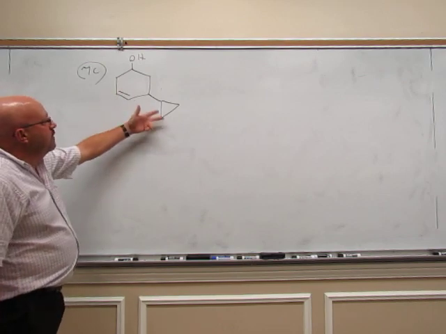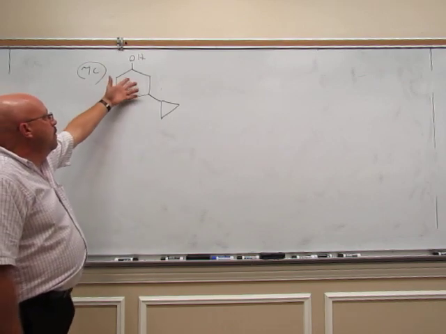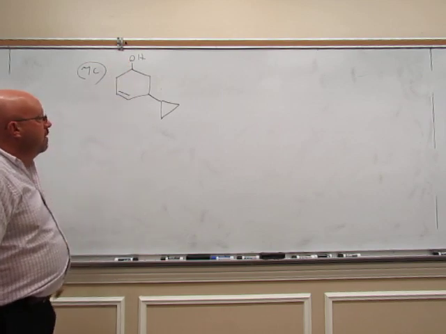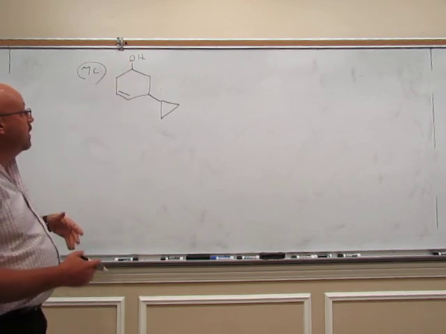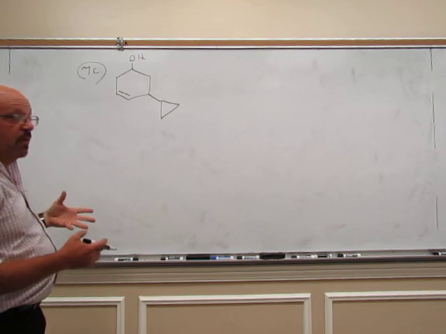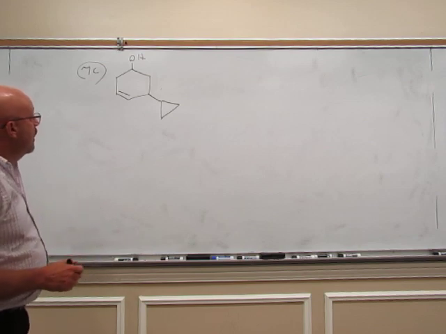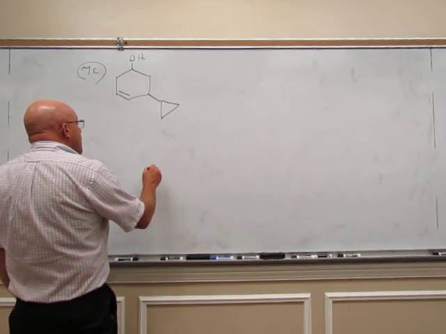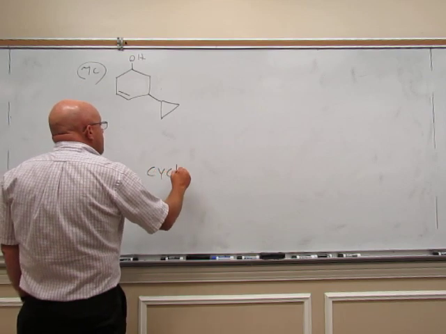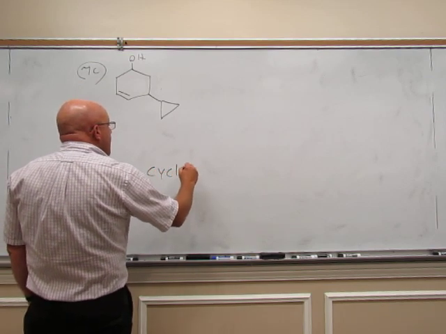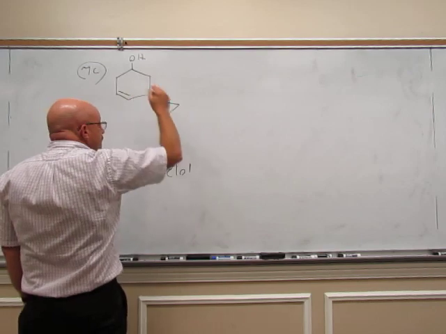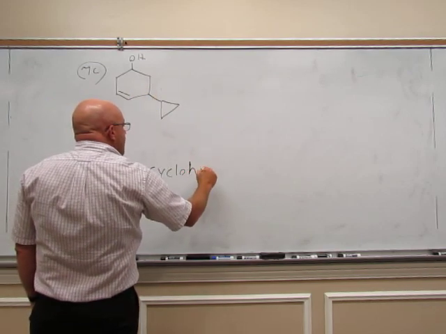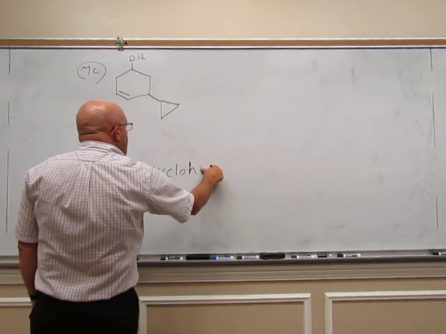So, got 2 rings. You're going to go with the bigger ring. It's got the alcohol on it, but alcohol takes precedence over everything. So the big ring as an alkane, there's 6 carbons in the ring. It'll be a cyclohexane, but it's not an alkane.